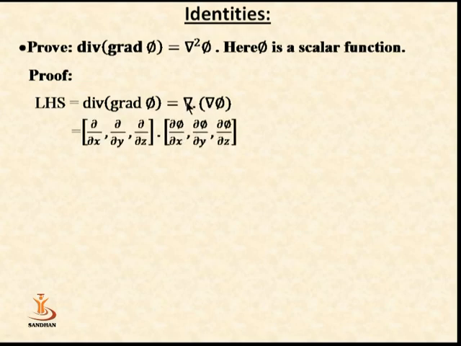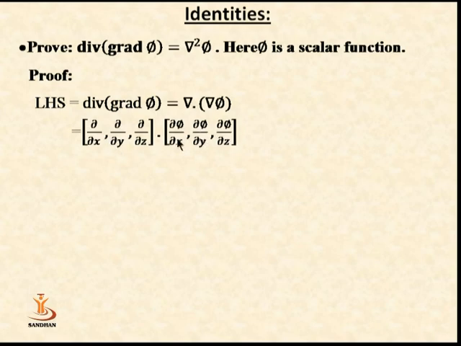First we write the definition of (∂/∂x, ∂/∂y, ∂/∂z), and the divergence, that means the dot product, with the gradient of the scalar function φ. So we write (∂φ/∂x, ∂φ/∂y, ∂φ/∂z).